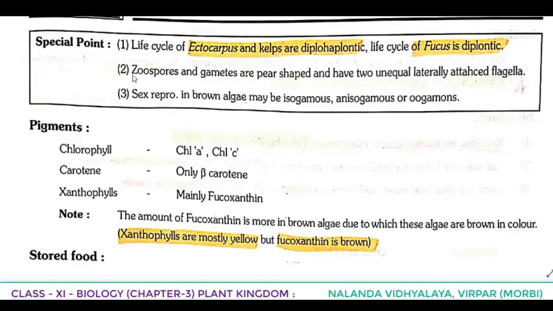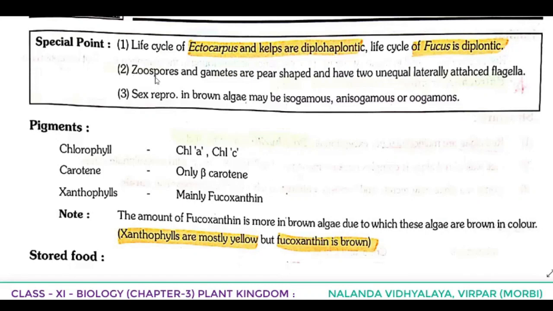So in that we will learn the topic in detail, but here you have to understand the life cycle of Ectocarpus and kelps are diplohaplontic, means haplodiplontic, we can call it again an intermediate type. Life cycle of Fucus is diplontic.